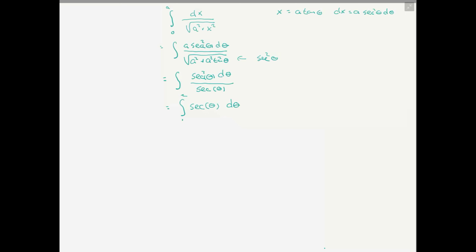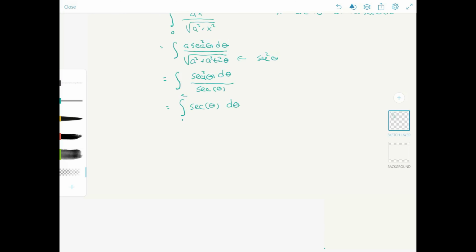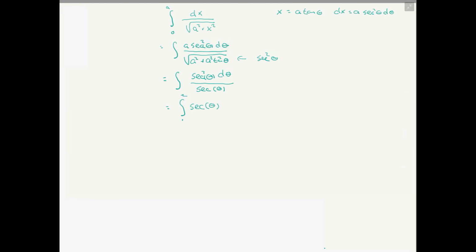So now we've done this integral before. We multiply the top and bottom by secant theta plus tan theta over secant theta plus tangent theta. That's simply 1 d theta.